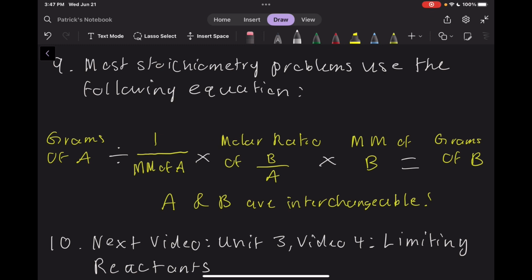And remember, A and B are interchangeable in this formula so long as we interchange them everywhere. We should also keep in mind that it doesn't matter what A and B are. They can be any two reactants, any two products, or one reactant and one product. It doesn't matter so long as we can make a molar ratio relating them to one another.